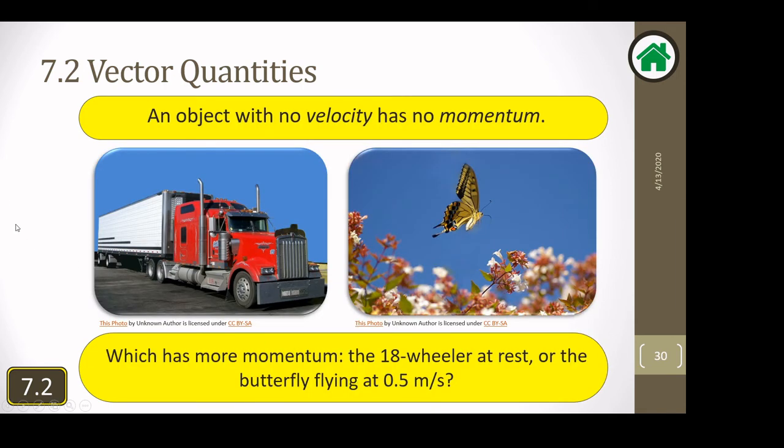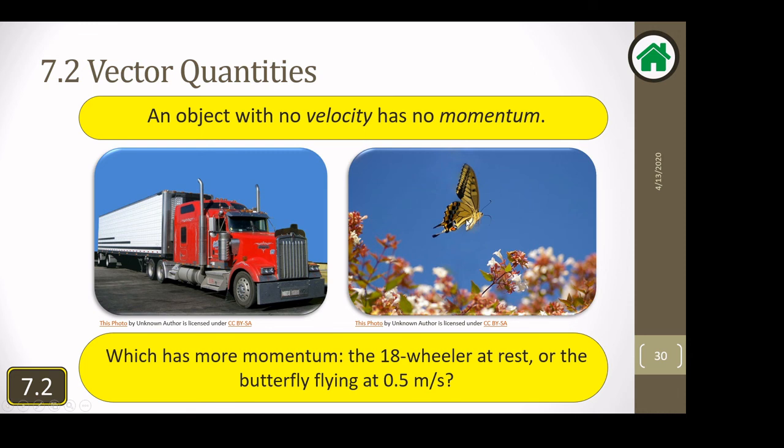Now, it is important to remember that an object that is not moving has zero momentum. It doesn't matter how big it is. So if we compare this 18-wheeler to this tiny little butterfly that is flying at just 0.5 meters per second, it might seem like for sure the 18-wheeler would have more momentum because it's huge, but it's not moving, so the momentum of the 18-wheeler is zero.